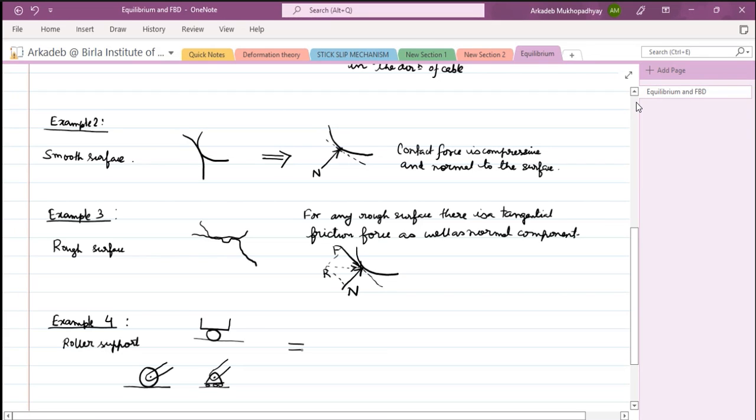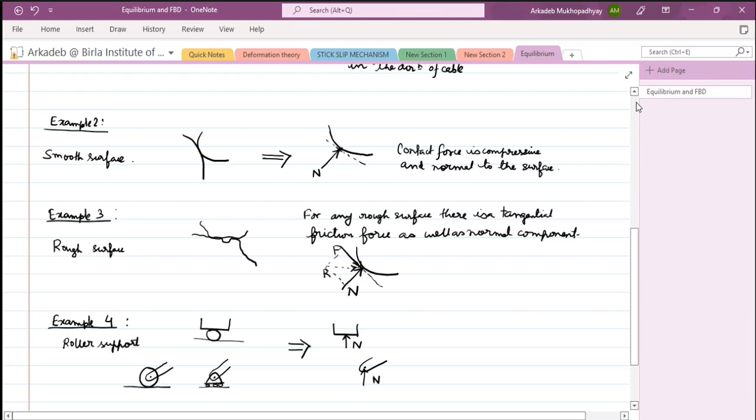So what will be the free body diagram for this one? A normal force like this, or you can have a normal force at the hinge like this.